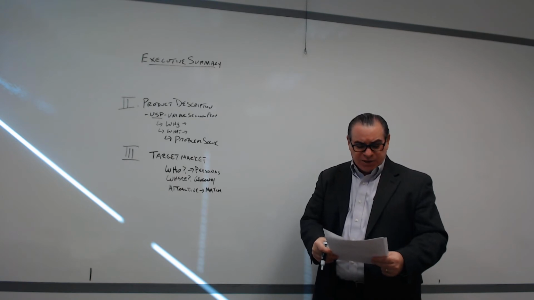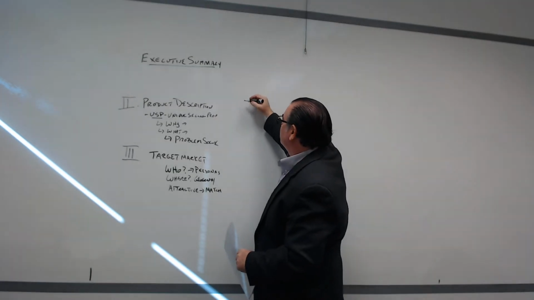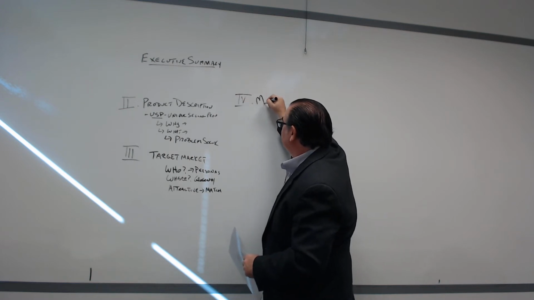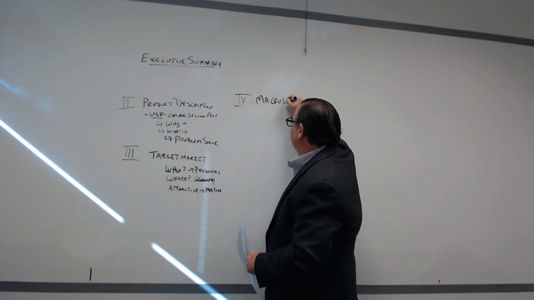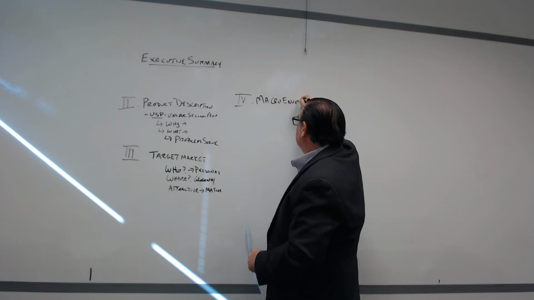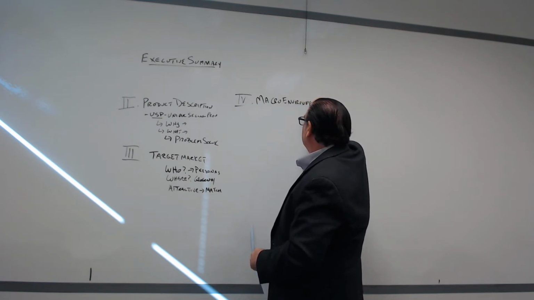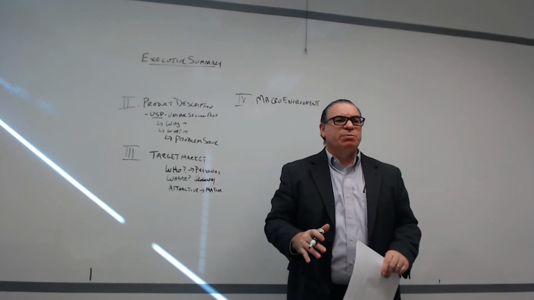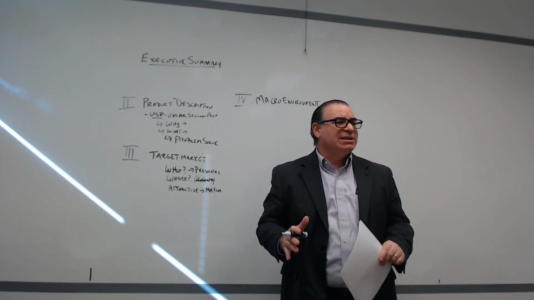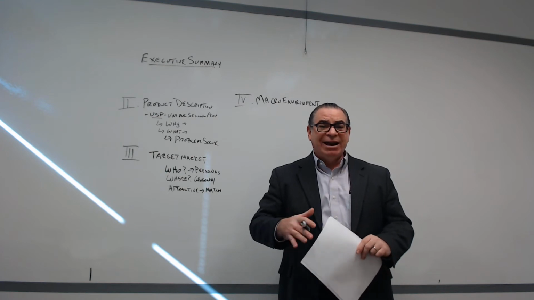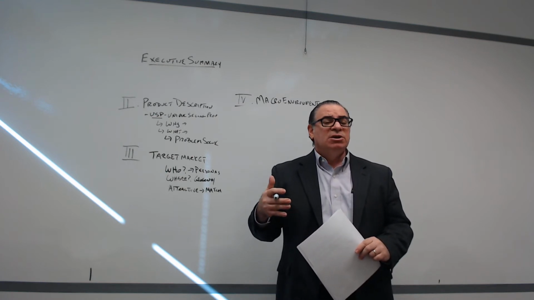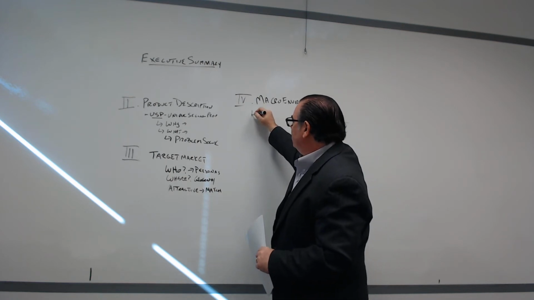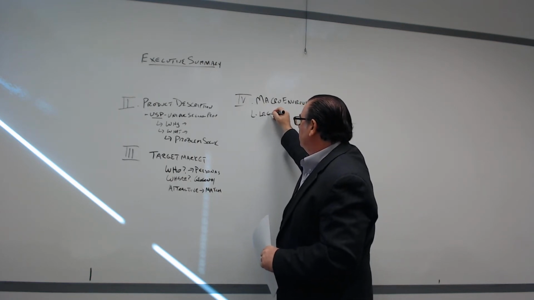Okay, the next section would be, let's call this section 4. And that is the macro environment. So the macro environment explains everything that happens outside of your business. Everything that happens outside of your business. So in this case, there's legal, right?